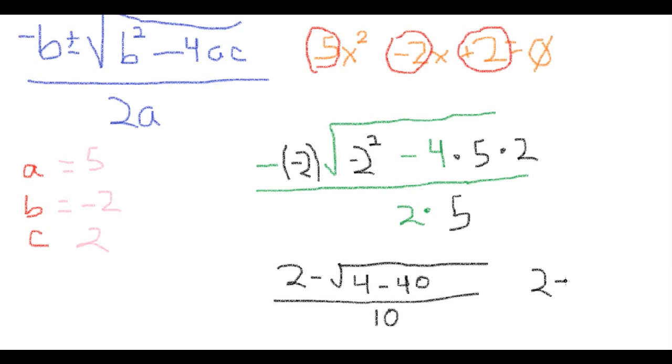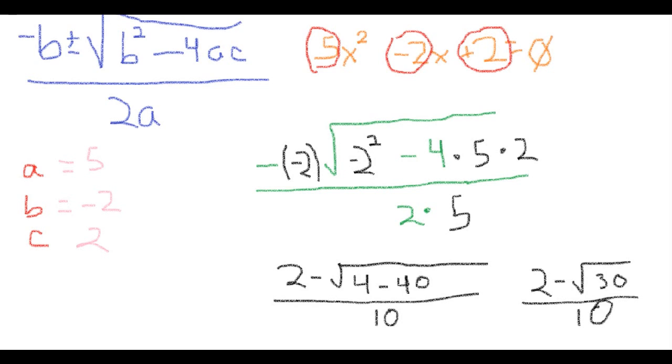If we simplify it further, we get 2 plus or minus the square root of 36 over 10. So that will be our answer for now. You could simplify it further, but we will not worry about that.